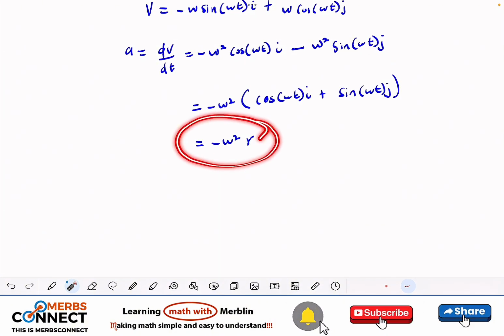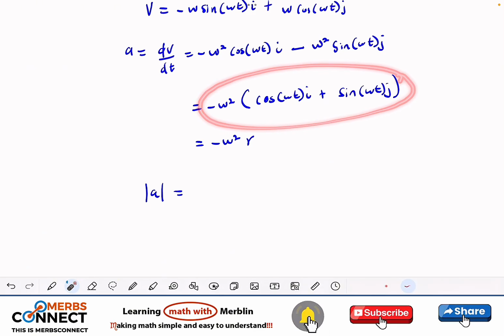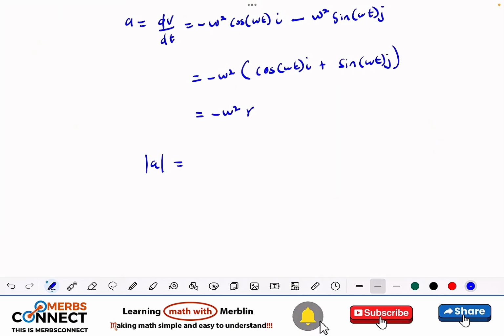If you want to look at the magnitude, then the magnitude of this is going to be something like this. Now the magnitude, we just need to work within this. So since we are finding the magnitude, we are going to have minus omega squared, squared because it's a constant.